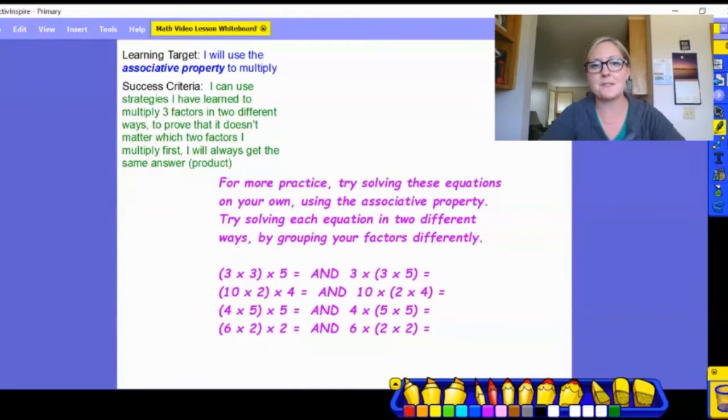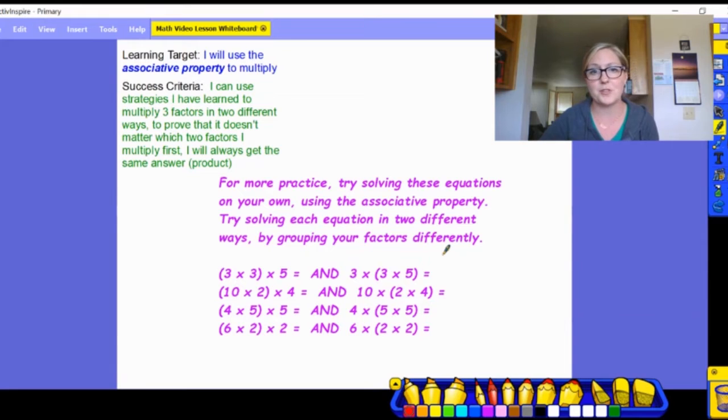So last but not least, if you want to get a little more practice, which I recommend because associative property can be tricky and multiplying 3 factors can be tricky, the more practice we get, the better we are with it. Here are some equations you can try on your own. I've written the equations 2 different ways just to show you how you could move the parentheses to group your factors differently and solve for different parts of the equations as your first step.